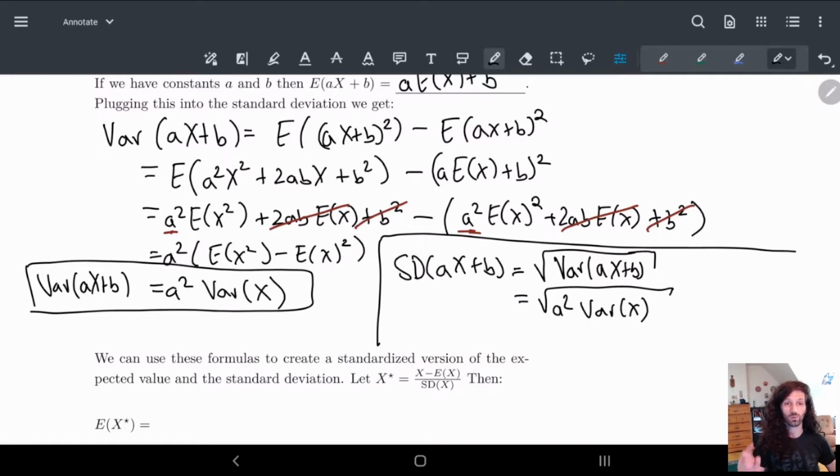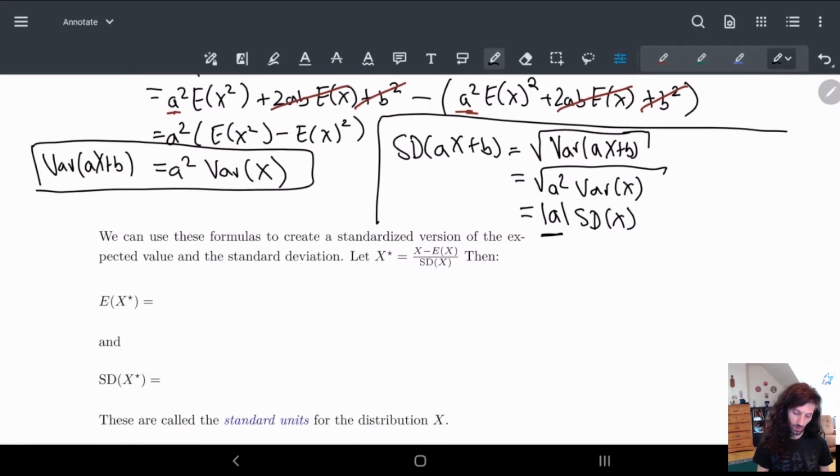When we pull this a squared out front, remember, we don't know whether a is positive or negative, so we need the square root of a squared, the absolute value of a. Then we basically just have the standard deviation of x. That's a nice little thing to work with. The reason we use the absolute value and not a complex number is that in probability, we don't really work with complex numbers in this class. So for now, we're just going to stick to this formula.